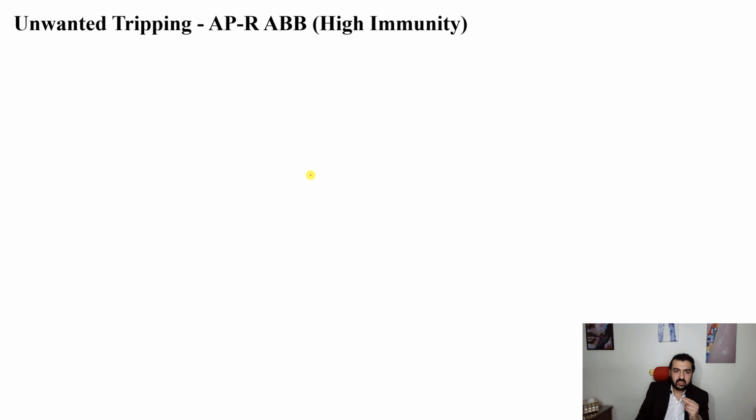Lastly, we are going to discuss the AB-R or anti-disturbance circuit breaker, or RCPO, residual current device, which is also called high immunity. So what does this even mean?